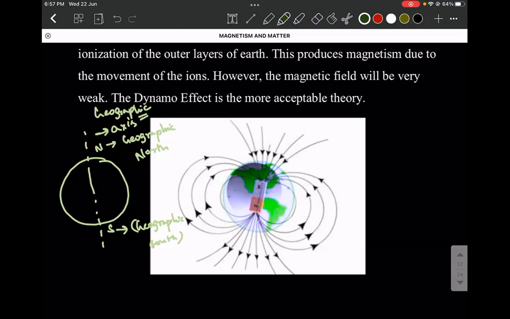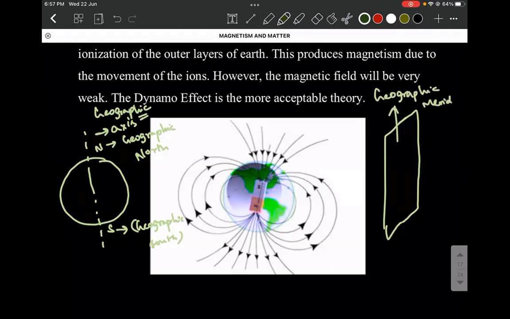A plane which is perpendicular to the axis and passing through the north and the south pole is called a meridian. What I'm trying to tell you here is that axis is a line and meridian is a plane. Is this point clear?